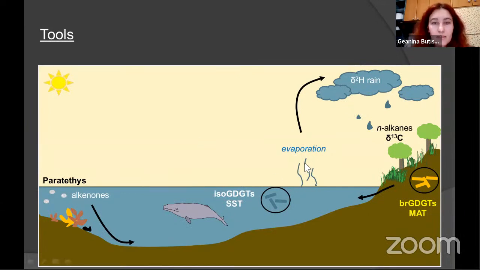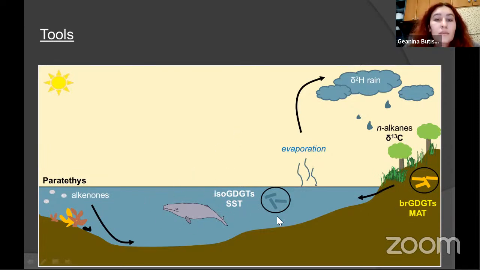So as you see from the image, the Paratethys is surrounded, of course, by some land. The alkanes that are produced by the plants around the hydrographic basin are carried by wind or by water into the basin, and they are sedimented together with our sediments. Some other components are produced in the water column or in the soils or on the water surface.